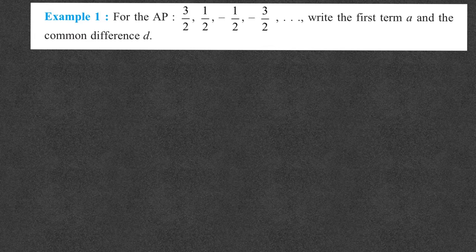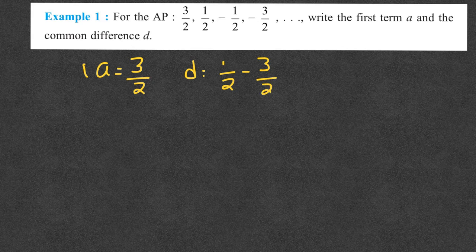So, what is the first term A over here? It's going to be 3 over 2. And what is the common difference D over here? It is 1 over 2 minus 3 over 2, which is going to be negative 1. So, we know A and we know D. We have answered the question. Great.